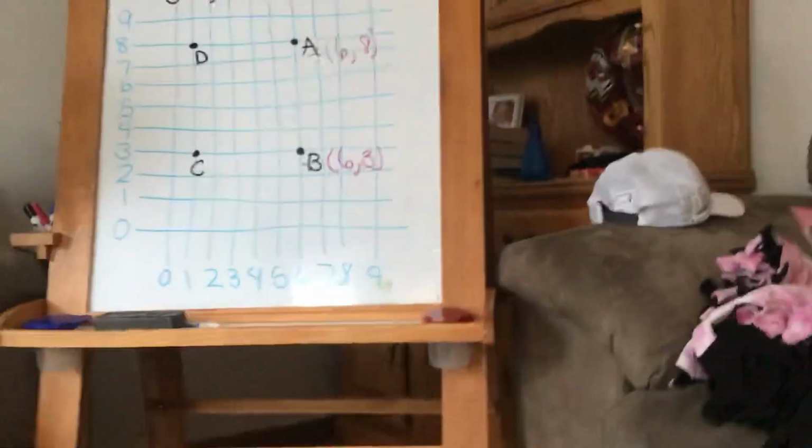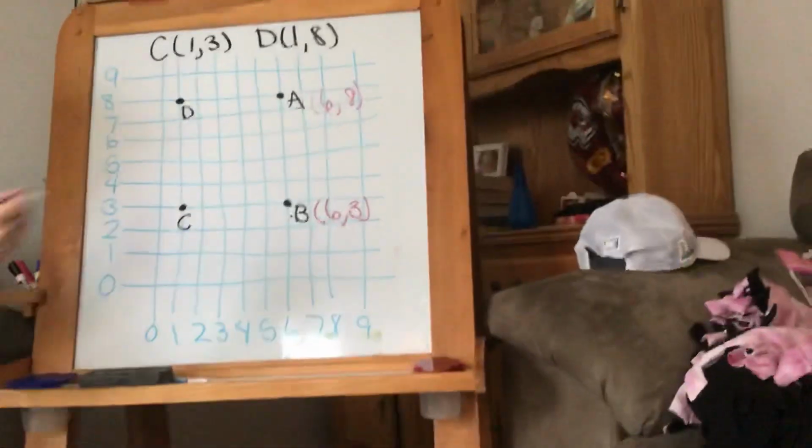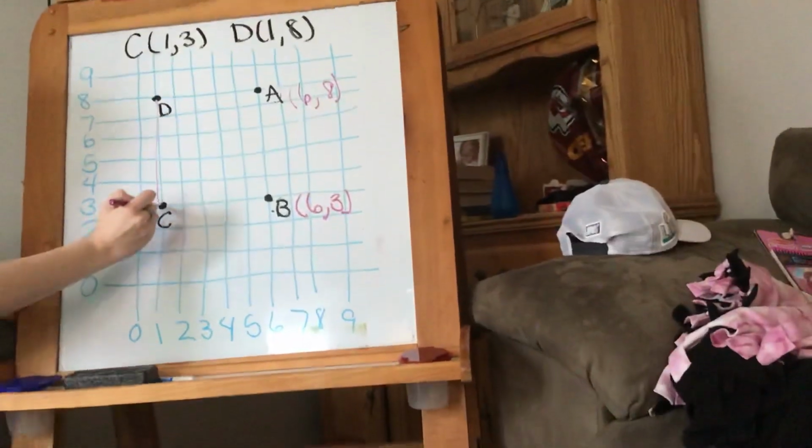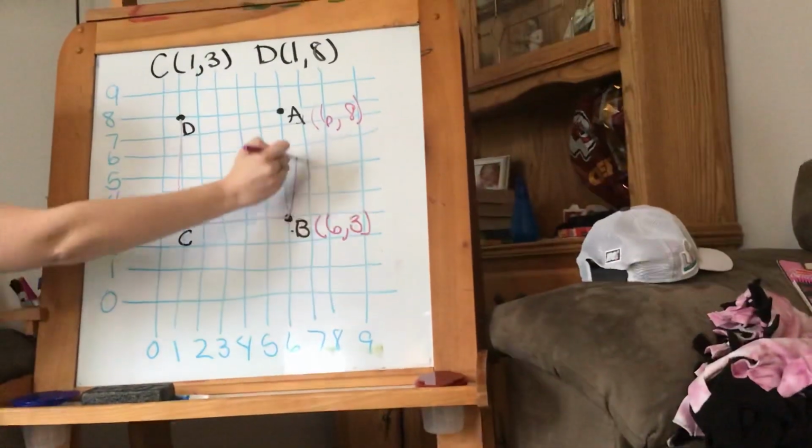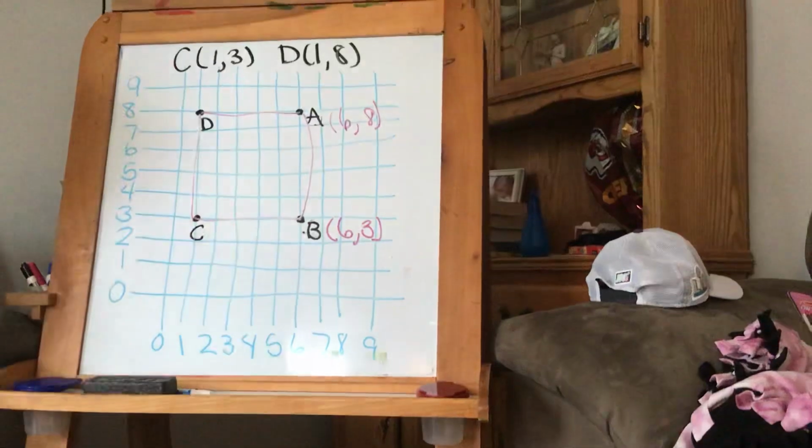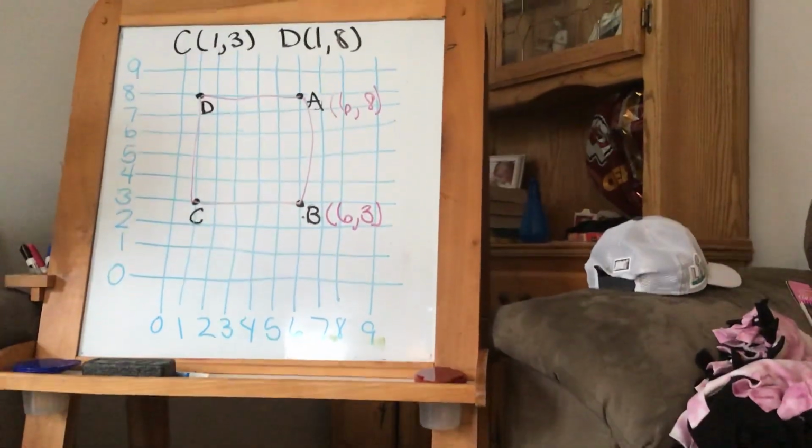Okay? Then if we wanted to connect the points, we would just draw and connect the dots, just like you would do if you were doing a connect the dot puzzle.